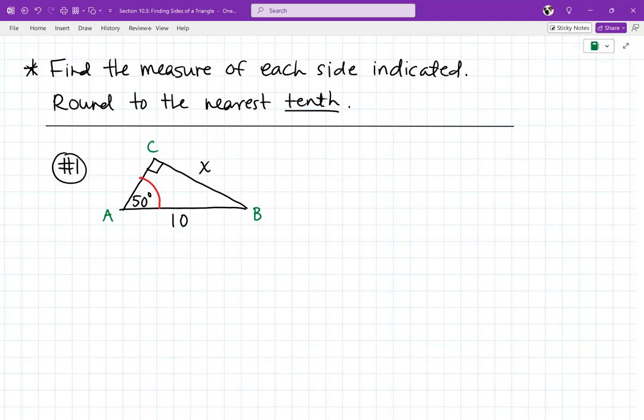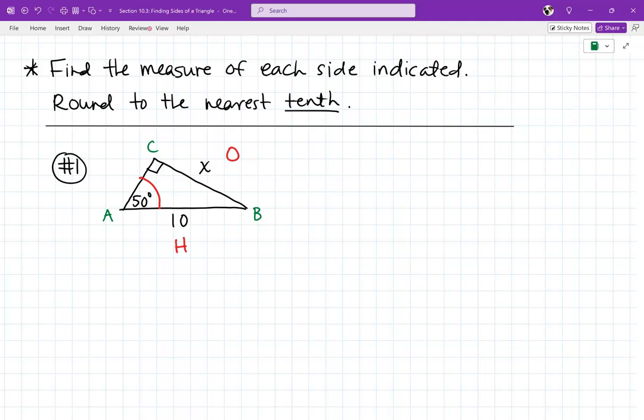That's the hypotenuse. How do I know? It's the side that doesn't touch the 90-degree angle. X, is that opposite or adjacent? That's my opposite side.